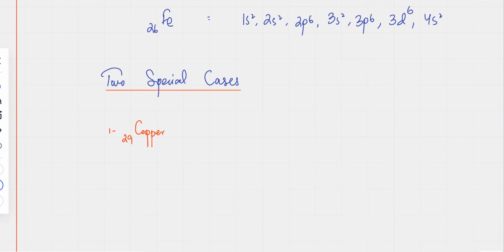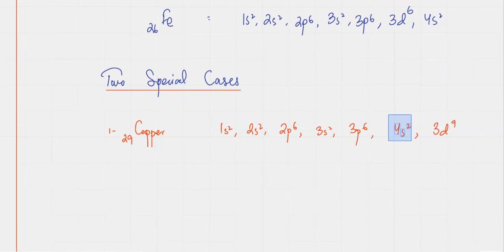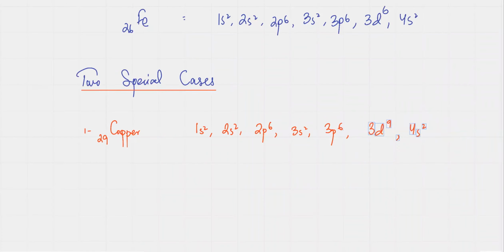Its electronic configuration follows the same Aufbau principle: 1s2, 2s2, 2p6, 3s2, then 3p6, and after 3p6 there is 4s2 in the table, and then there are only 9 electrons left. It's going to be 3d9. First thing, make sure that the order is correct. You follow the table and then you correct the order. Anyways, this is the electronic configuration.